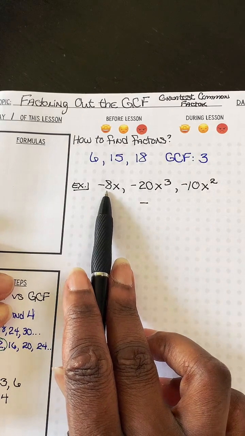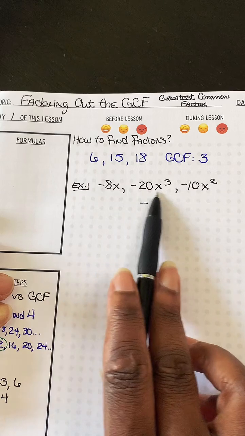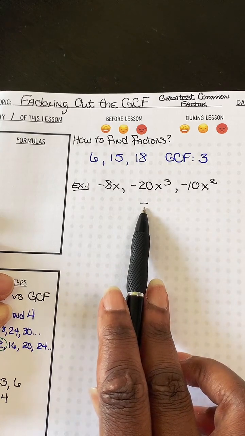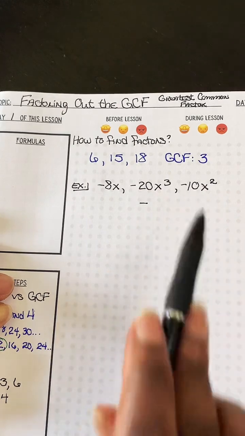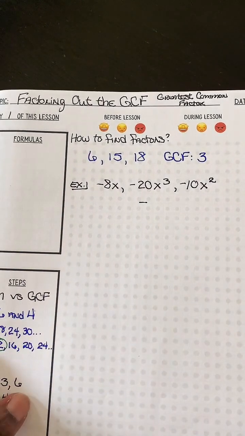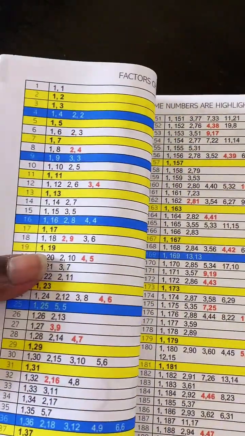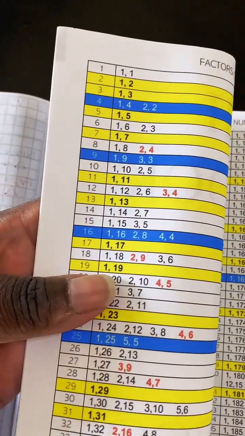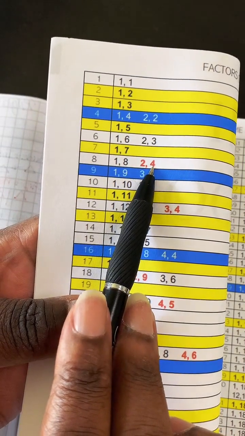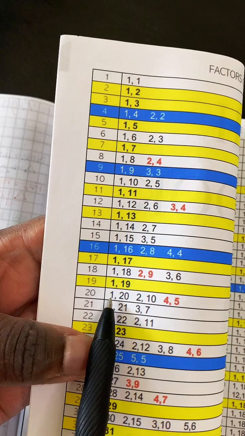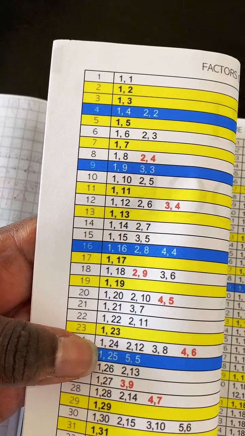So we have -8, -20, and -10. So all three of them have a negative, which is great. So now we're looking at 8, 20, and 10. Okay. So if you want, you can definitely take a look at your 8s. So if I come over here, with my 8s, I have 1 and 8 and 2 and 4. If I come down to 20, I have 1 and 20, 2 and 10, 4 and 5.